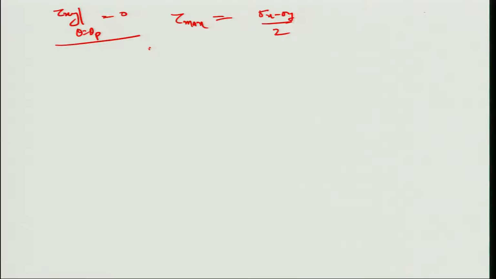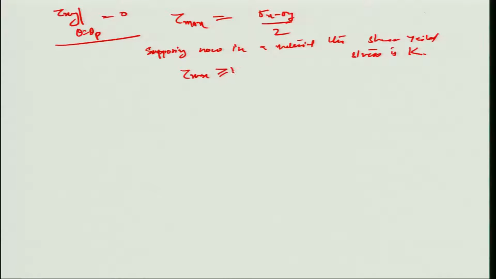So supposing now in a material the shear yield stress is recorded as K, then obviously if tau max is greater than or equal to K, the material will go into plastic flow.